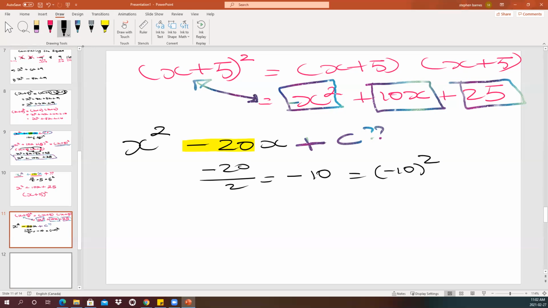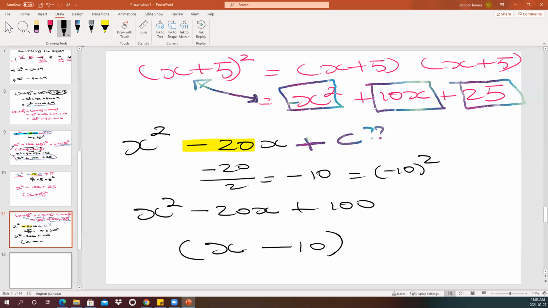All right. So then your answer, the long answer, which is the expanded version, the trinomial form, would be x squared minus 20x plus 100, because negative 10 times negative 10 is 100. If you're putting it in the shortened version, then it would be x minus 10 all squared. Follow me?